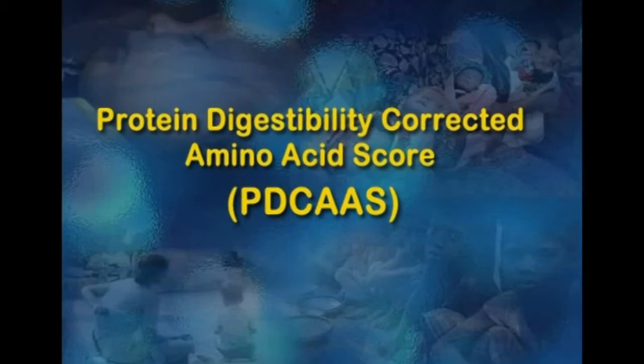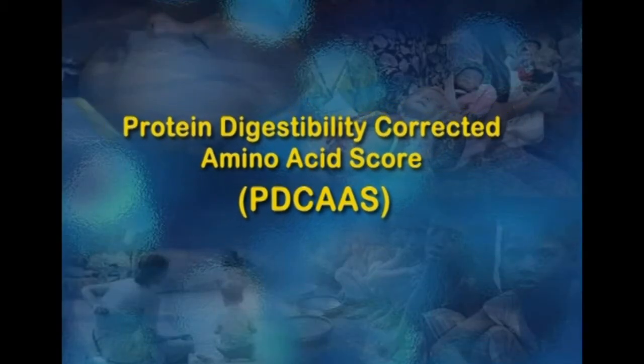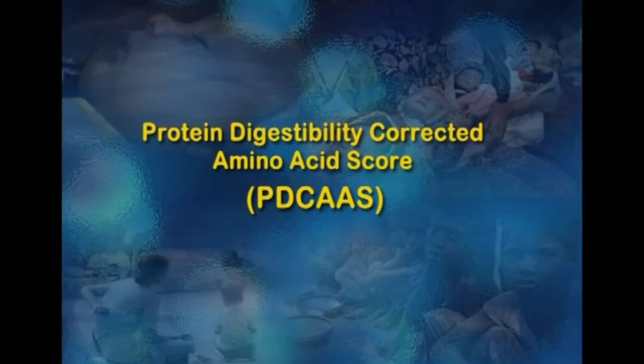The other widely used method, recently developed and now universally accepted, is the protein digestibility corrected amino acid score, abbreviated as PDCAAS. As protein digestibility does not reflect the digestibility of individual dietary indispensable amino acids, using a score based on individual dietary indispensable amino acid digestibility is preferred.